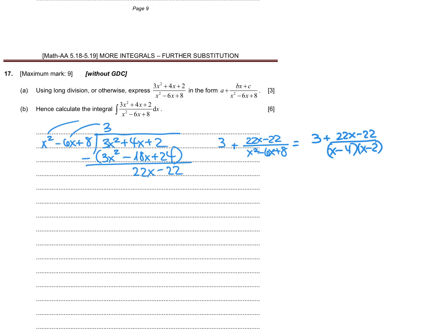do partial fractions. So we have A over x minus 4 plus B over x minus 2 equals 22x minus 22 over x minus 4, x minus 2. So same denominator.